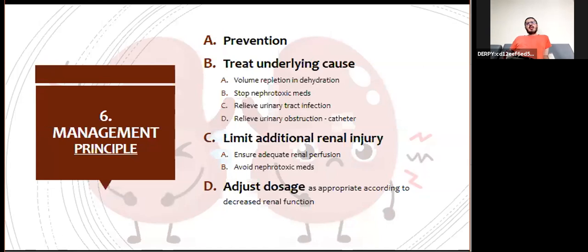So another thing for those with the neurogenic bladder, we use oxybutynin. This oxybutynin is anticholinergic.